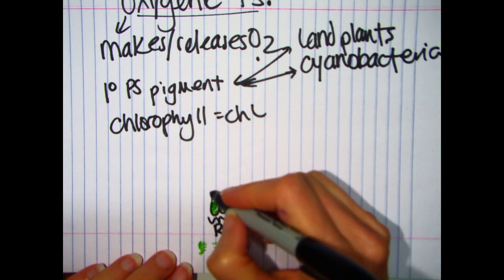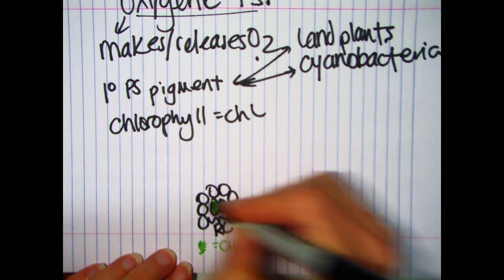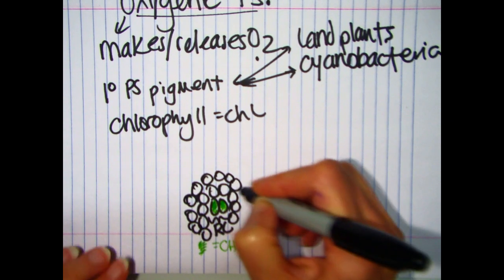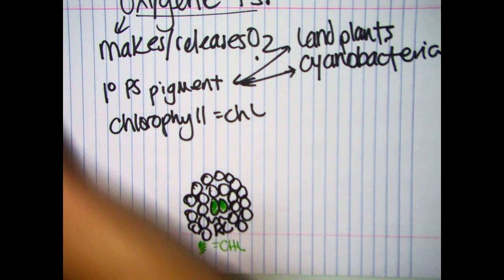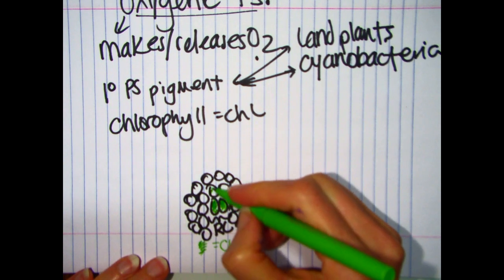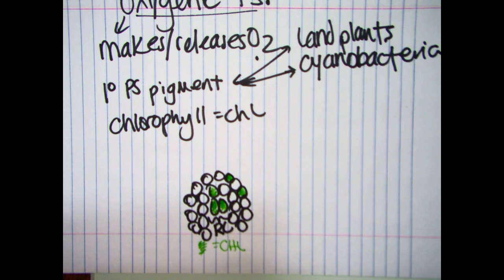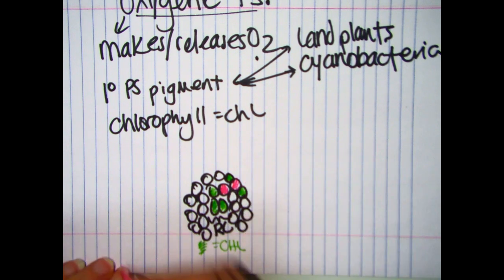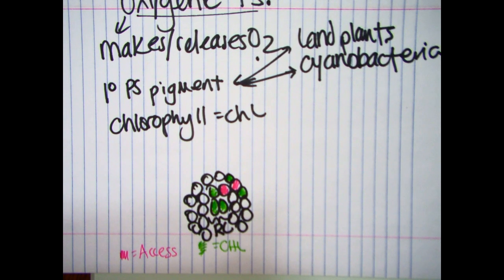We will abbreviate that here RC. Around this pair of pigment molecules in a ring will be other pigment molecules, right? And so these other pigments may be additional molecules of the primary pigment, or these other pigments may be accessory pigment molecules. So pink equals accessory pigments.